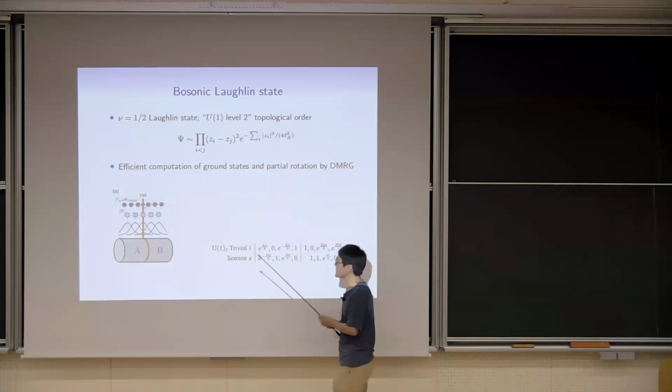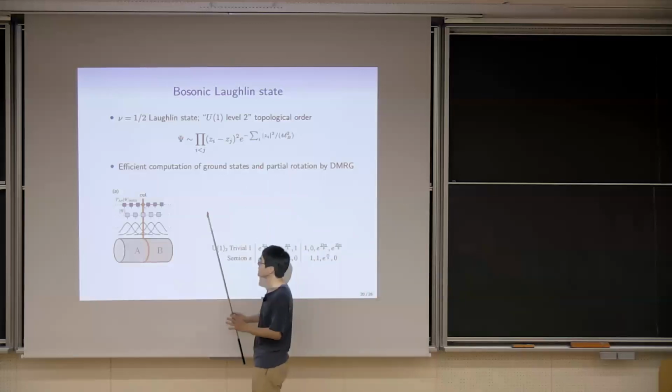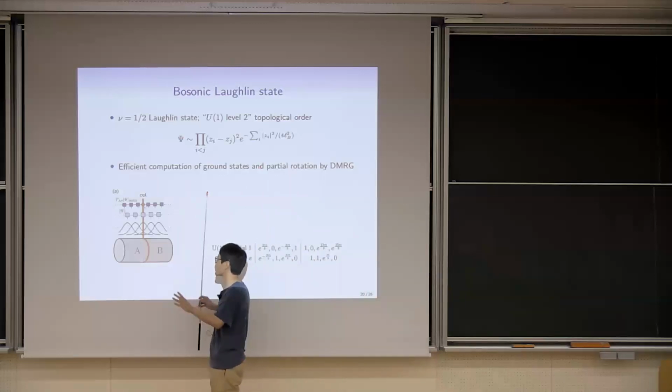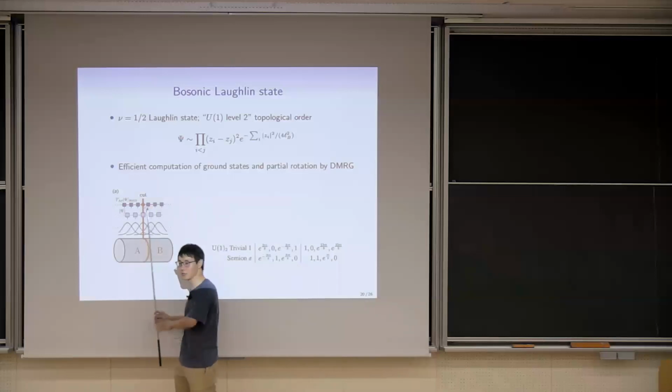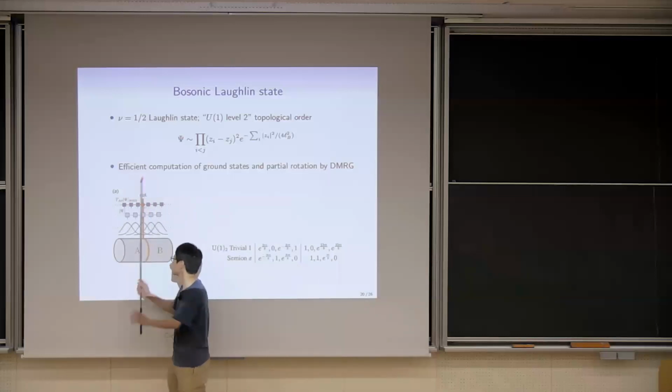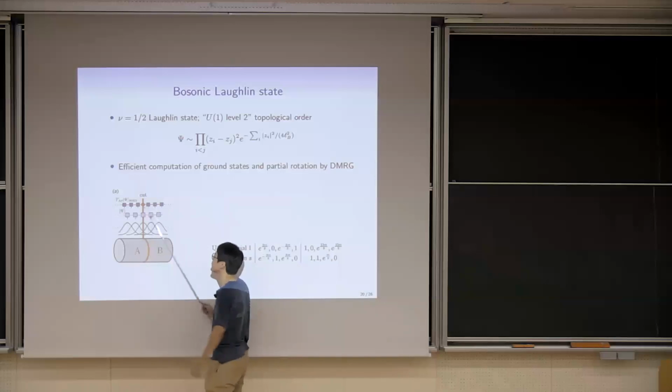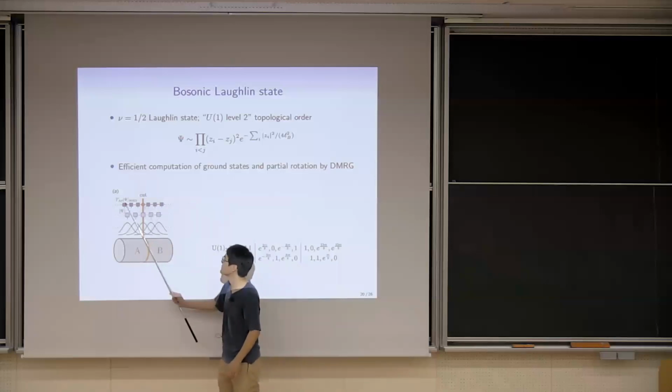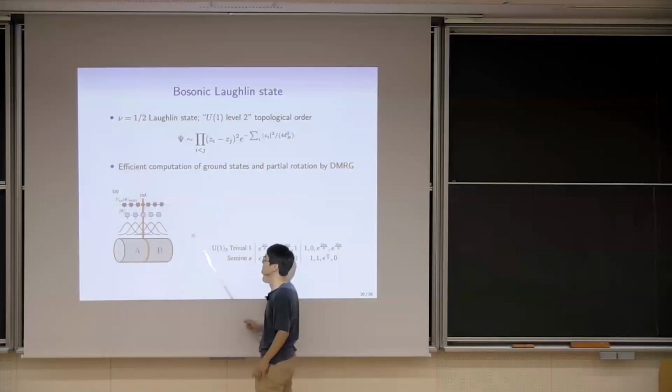And then basically you can do DMRG as if it is a one-dimensional system, although it is really a two-dimensional system. So we have an infinite cylinder, but you can consider matrix product state type wave functions in this direction.